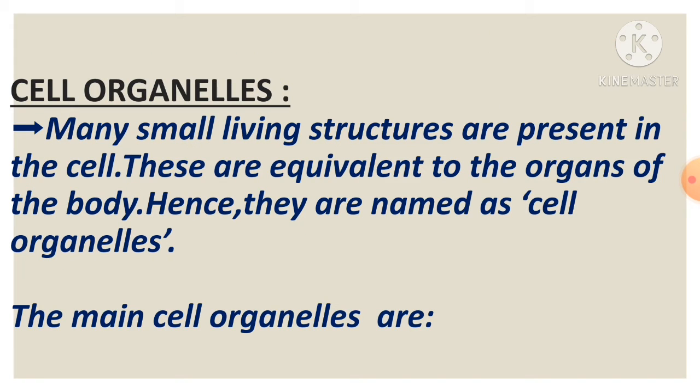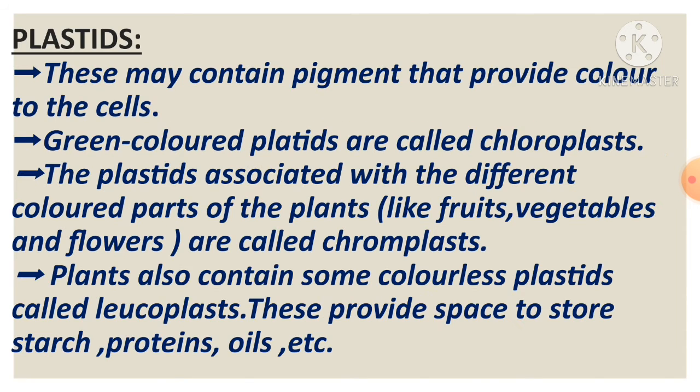Cell organelles. Many small living structures are present in the cell. These are equivalent to the organs of the body. Hence, they are named cell organelles. The main cell organelles are plastids. These may contain pigments that provide color to the cells.